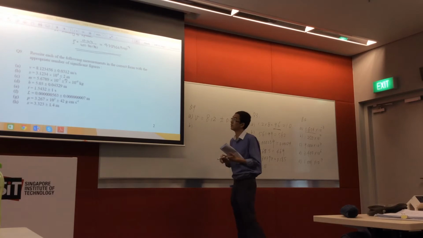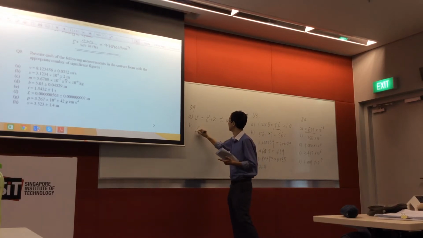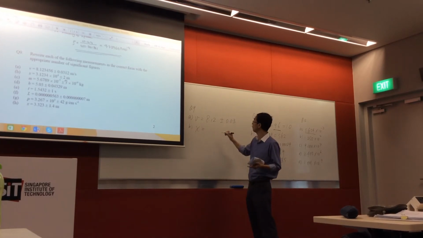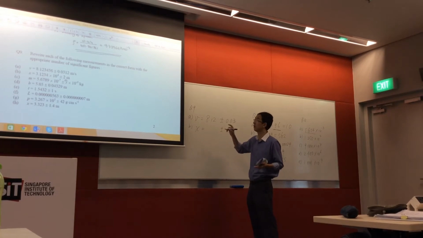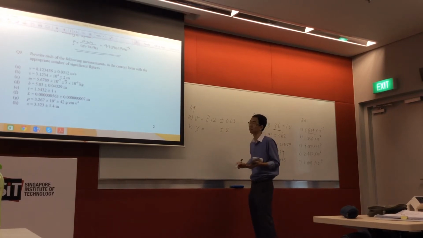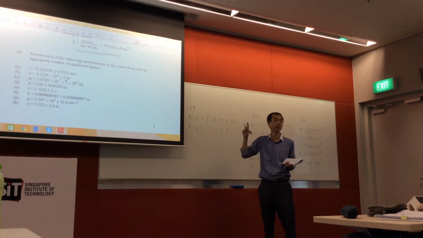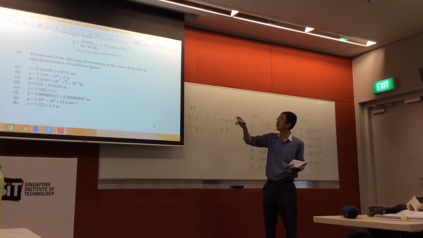Okay, how about B? If you look at the uncertainties for this case, the uncertainty is 2, so you only have one significant figure, which is correct. Then how do you report the best estimate result?